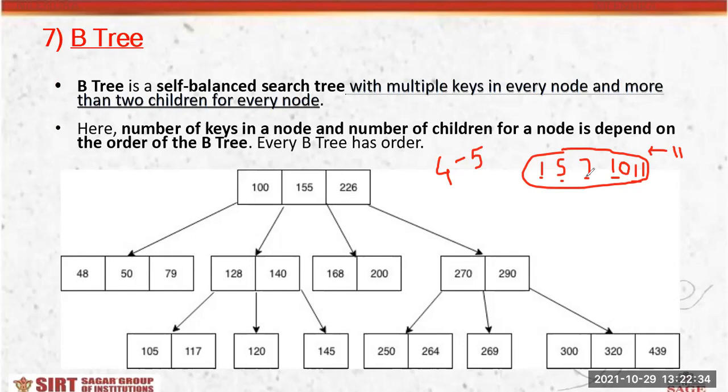So what will happen? This particular tree will split. Where will it split? It will split in between the node. How will it split? This 7 will move to your top. Okay, this 7 will move to your top. So this is your bottom to top approach. Basically I am splitting the tree on the basis of key and value pair.